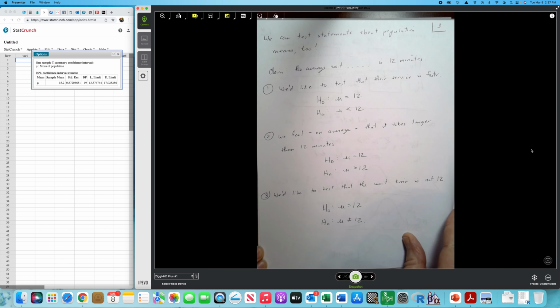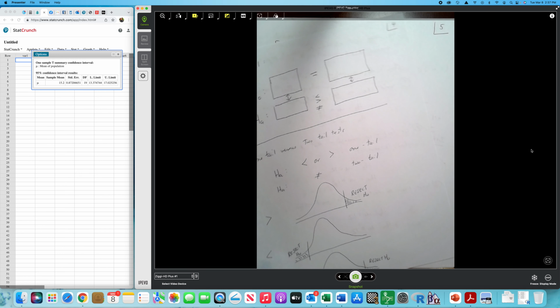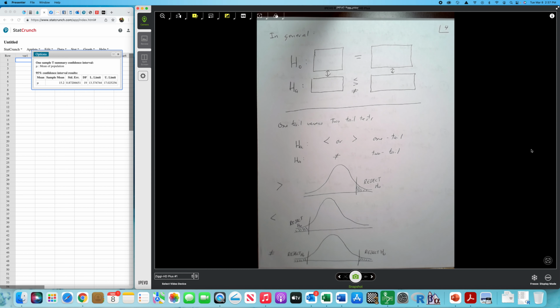So the first key in conducting a test of hypothesis is to get the null and the alternative hypotheses set correctly. The general form for a hypothesis is H sub 0 colon a parameter value for now.